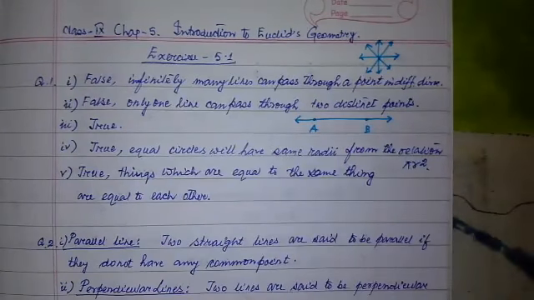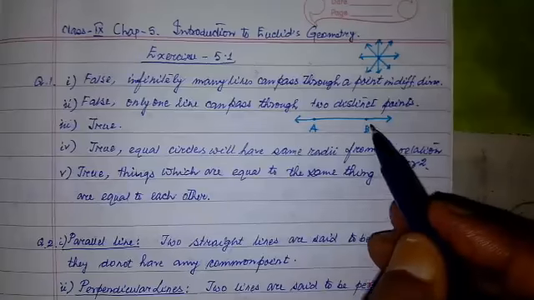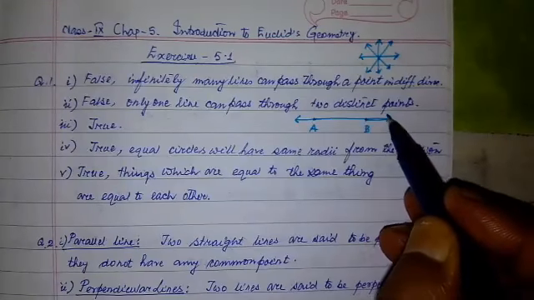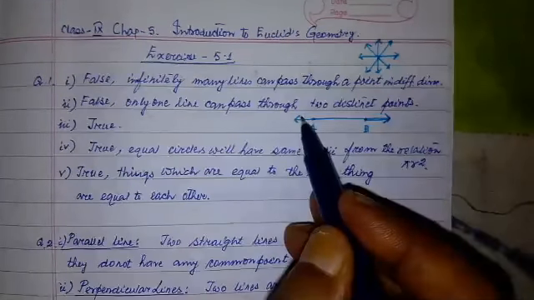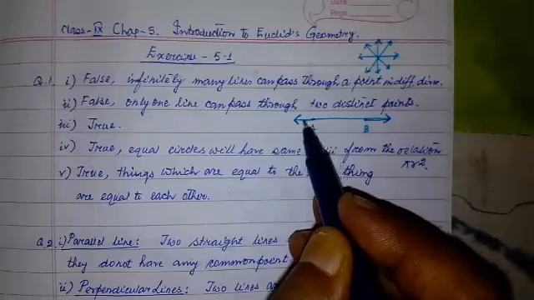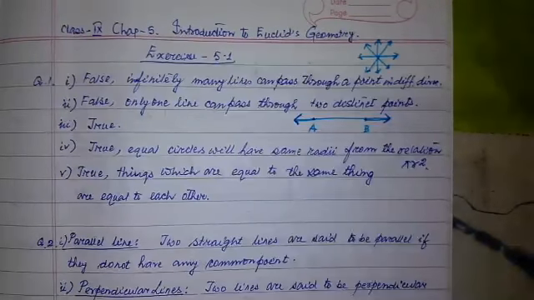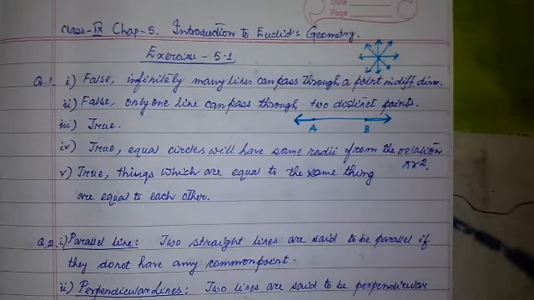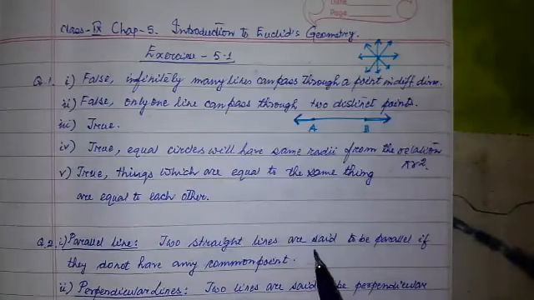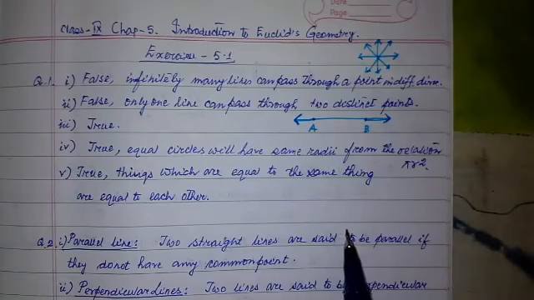Now this line segment can be produced in this direction up to infinity, and in this direction up to infinity. So a terminated line can be produced indefinitely on both the sides. Hence the statement is true.